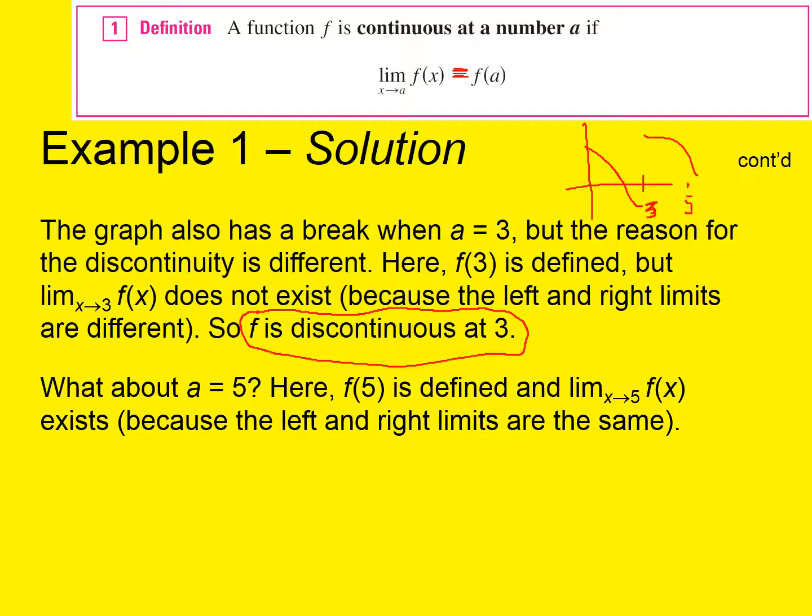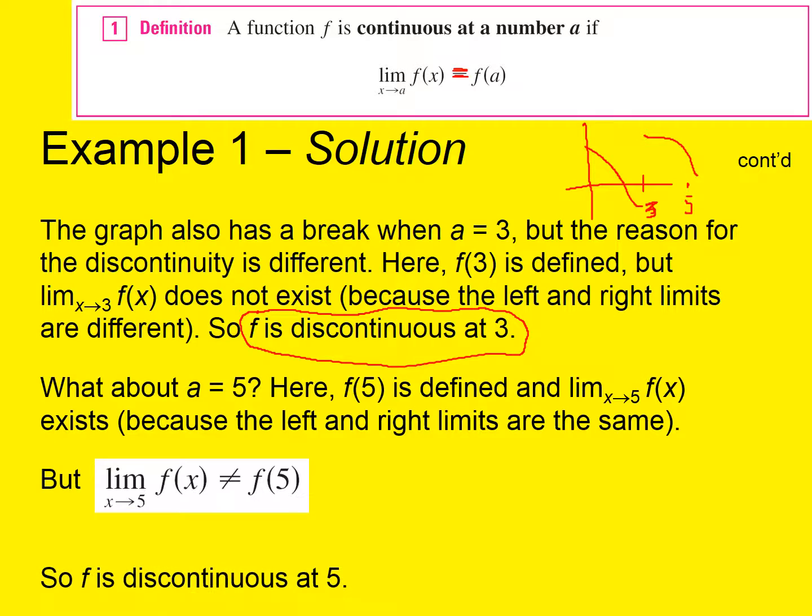F of 5 is defined, and the limit as x approaches 5 of f of x exists because the left hand and right hand limits are the same, but the limit as x approaches 5 of f of x is not equal to f of 5. So f is discontinuous at 5.